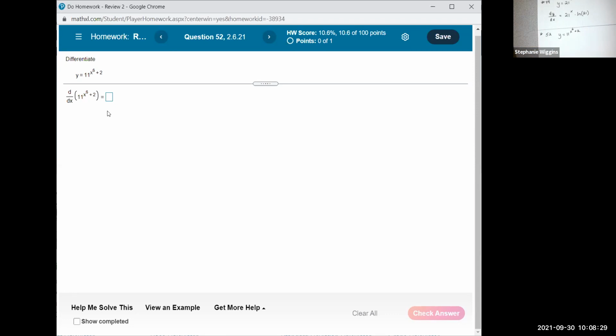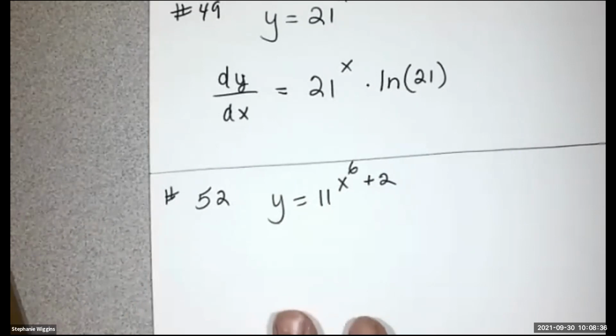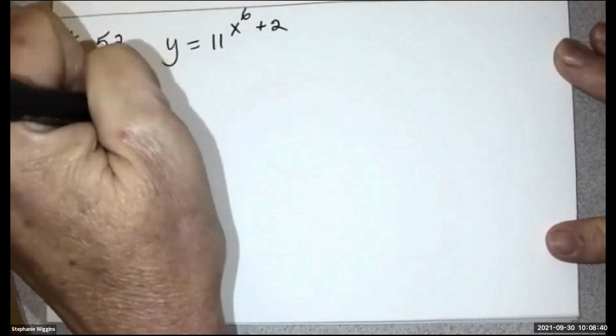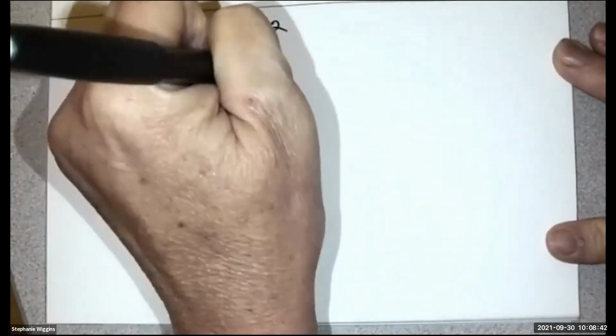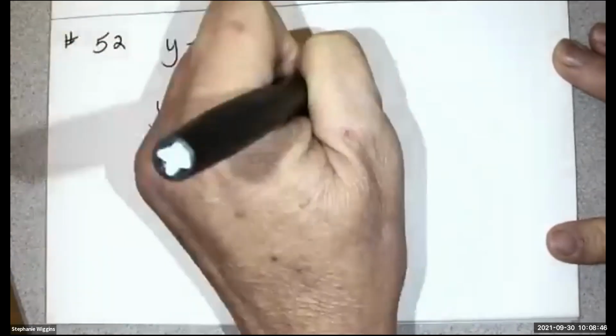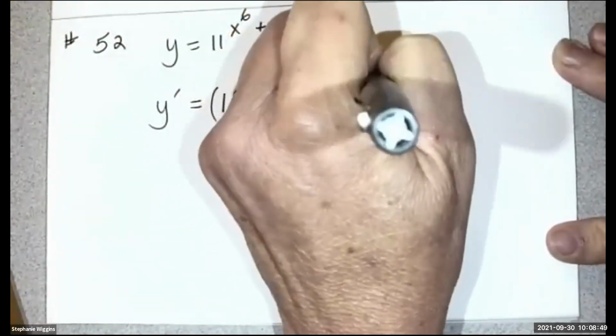Once you've identified that you're dealing with an exponential function, the 3 steps are, let me go through those as I differentiate this. First, you copy what you see. So you have 11 to the x to the 6 plus 2. The second step is to multiply by the natural log of your base.